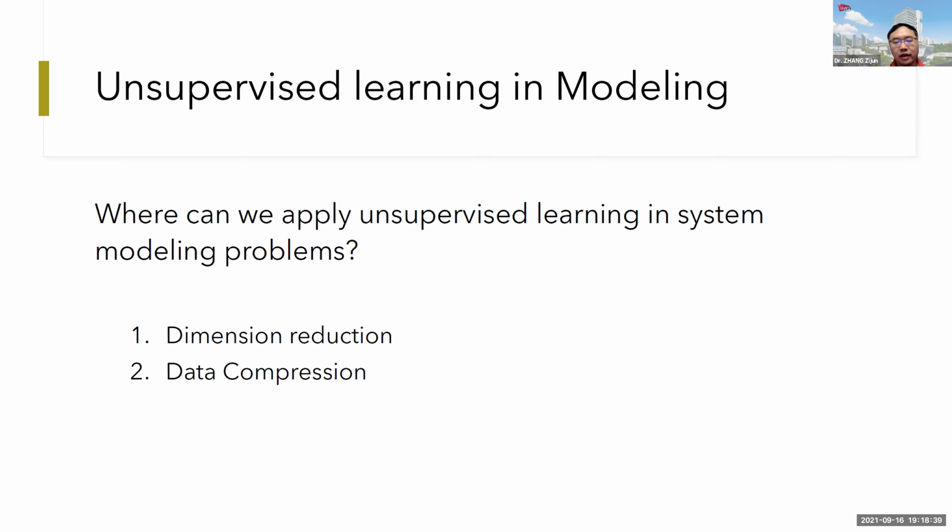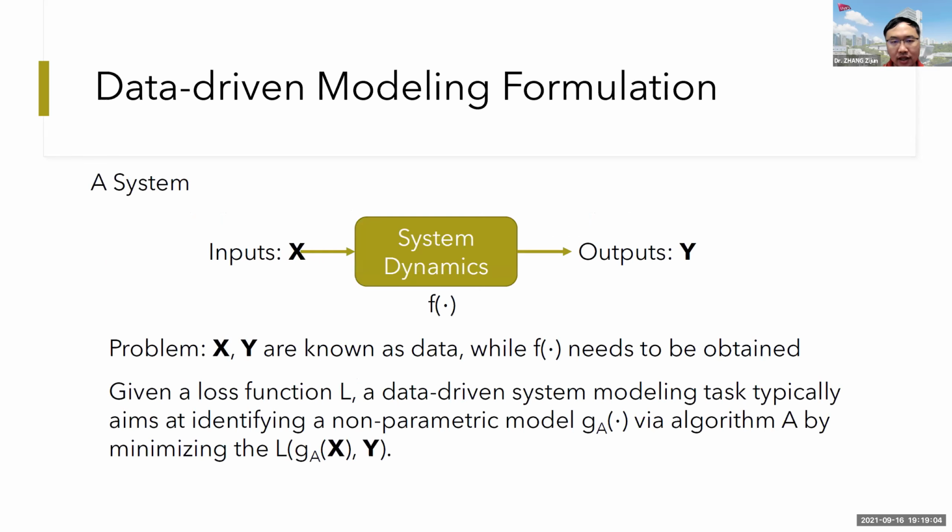All right, next, let's look into the different types of learning algorithms. First, we talk about unsupervised learning in modeling. What is the role of unsupervised learning in system modeling problems? Where can we apply unsupervised learning? Based on the previous slides, we always consider some outputs, which means we have some targets.